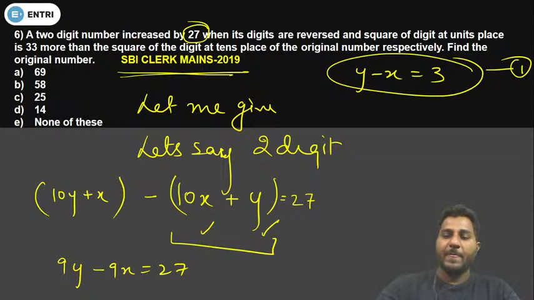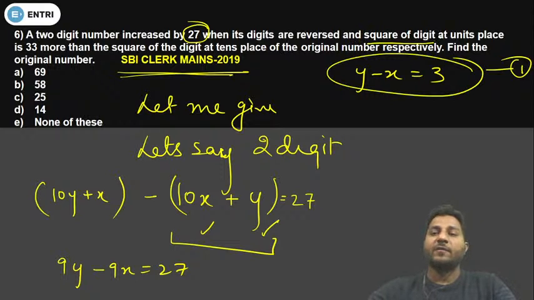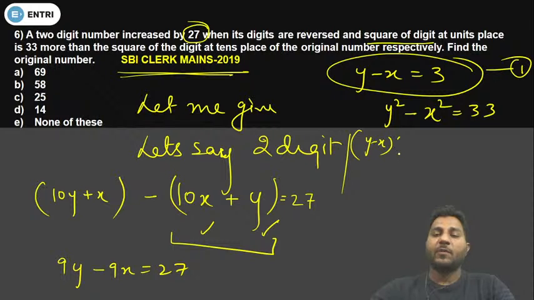All right, now the next one says to find the square of the digit at the units place. So the units place would be y squared, minus the square of the digit at the tens place, which was x, equals 33. So we will use y minus x and y plus x equals 33.